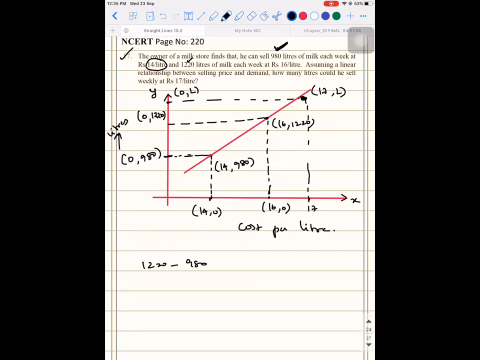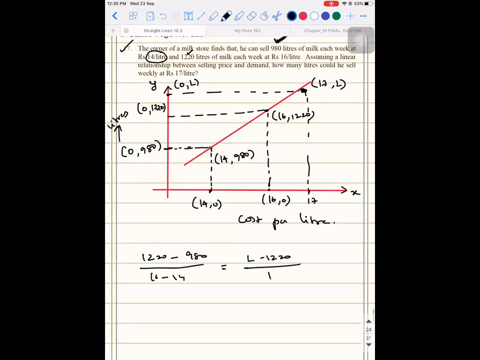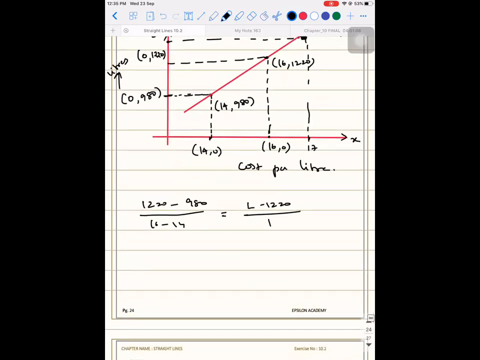1220 minus 980 divided by 16 minus 14 is equal to L minus 1220 divided by 17 minus 16, that is 1. So 1220 minus 980 is 240, 240 divided by 2 is equal to L minus 1220 divided by 1.